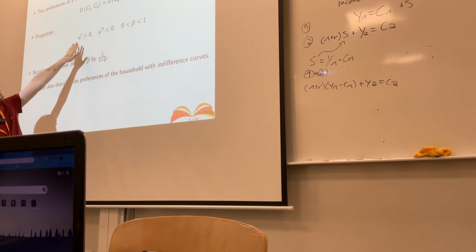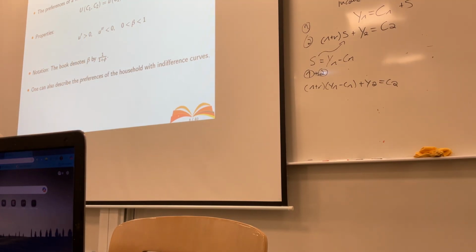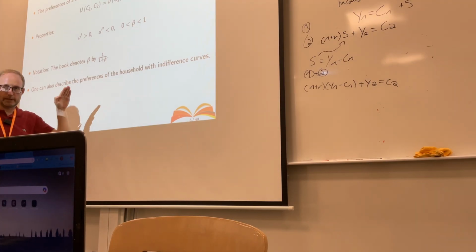And we say that we like it in the sense that the first derivative of the utility function is positive. This means everything else equal, if I increase C1, this first derivative is positive, so I'm going to increase my utility, my happiness. The second derivative is negative, so this gives us this concave utility function.